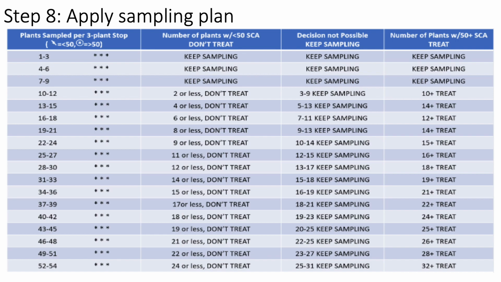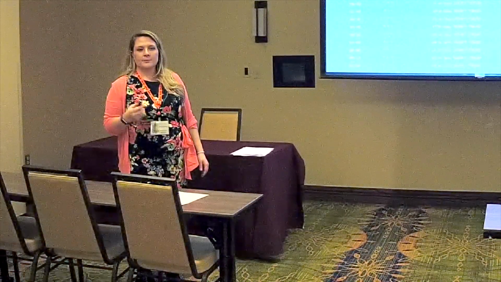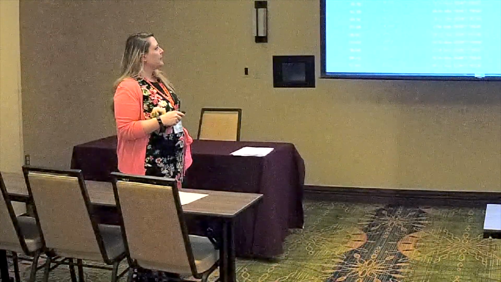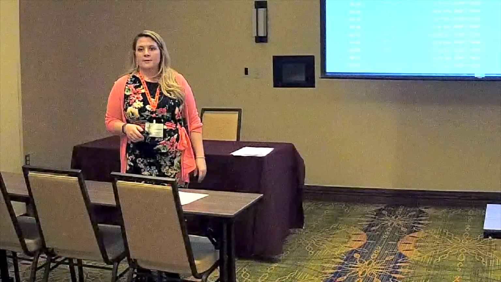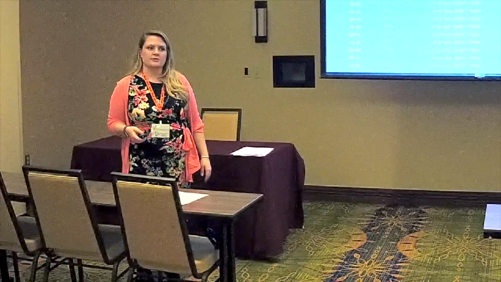When you get down to stop 4, which ends in 12 plant samples, you're going to add up how many circles you had, so how many plants were infested with more than 50 aphids, and it'll give you a decision based on that. In personal experience, I've never made it past 13 to 15 samples, and that was in a field that was really close to threshold.